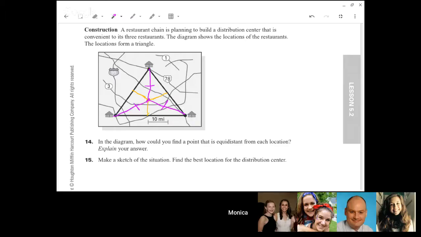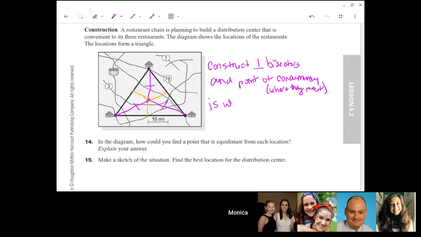You're going to construct perpendicular bisectors, and the point of concurrency where they all meet is where the distribution center should be. Any better?